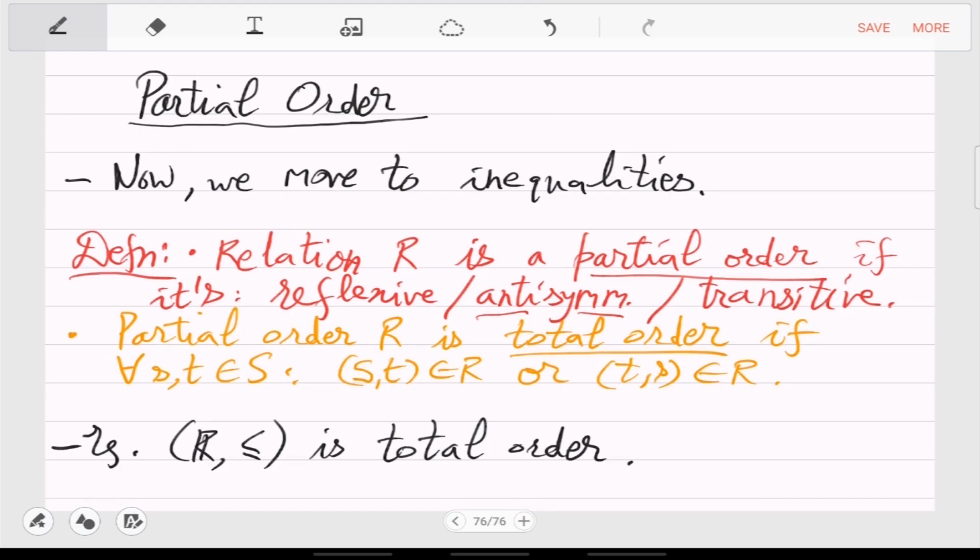Similarly, what about R with less than? Is this an order? Why not? Are you sure? A less than B? Well, the problem will be in reflexivity already actually. You cannot say A less than A, so this is not.